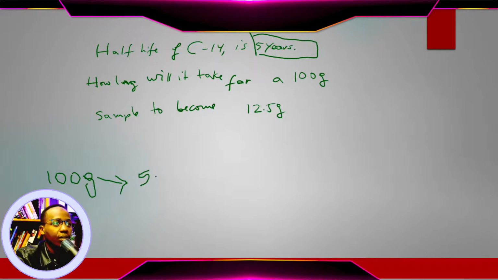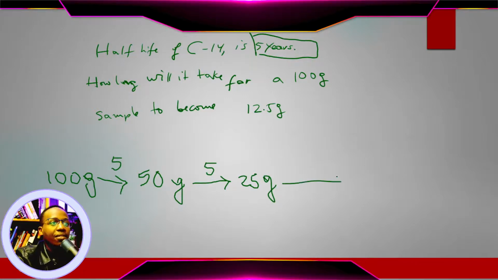In 5 years, you're going to have 50 grams. That's 5 years. In another 5 years, we're going to have what? 25 grams. Because it's a half-life, right? And then in another 5 years, look at what we're going to have. 12.5 grams. So how many years did it take? 5 plus 5 plus 5, that's 15 years.